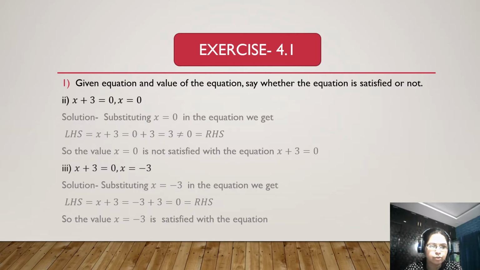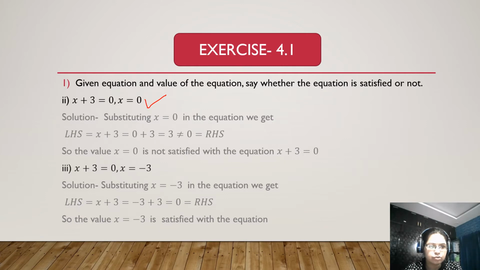Now we solve the second part: x plus 3 equal to 0 and x equal to 0. We have the value of x as 0, and we substitute it in the equation x plus 3. The left hand side of the equation x plus 3 equal to 0 is x plus 3.